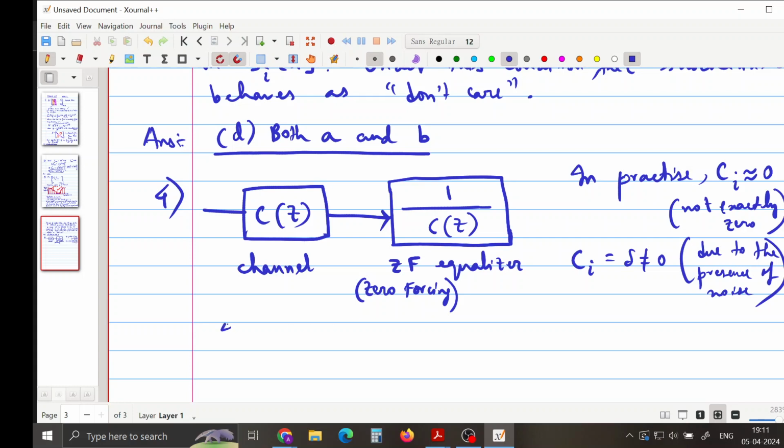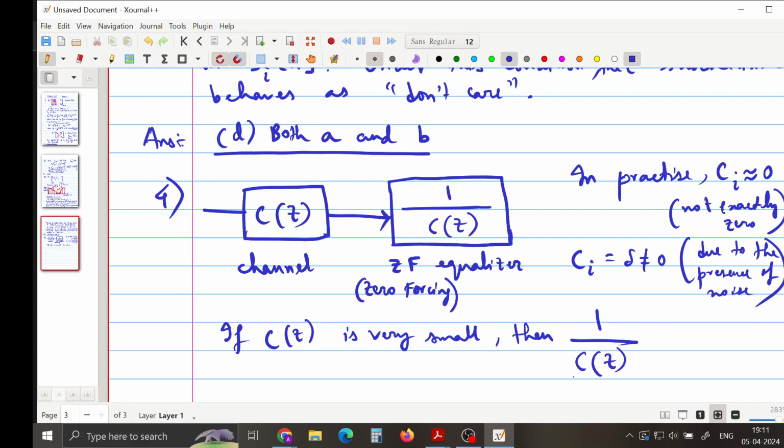Now if C of z is very small, then what the zero forcing equalizer is doing is inverting the channel.